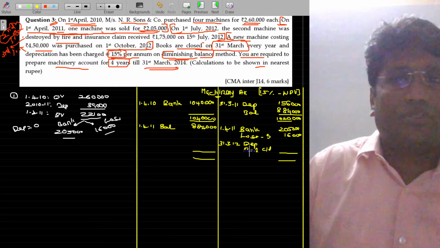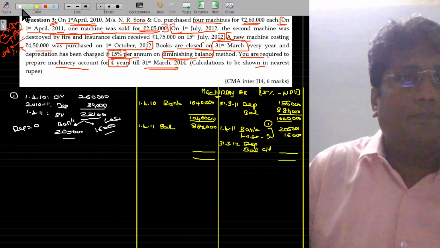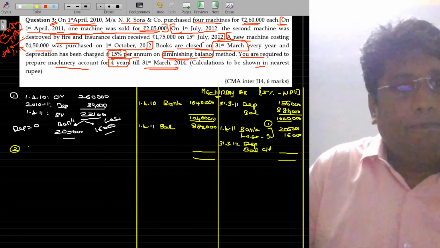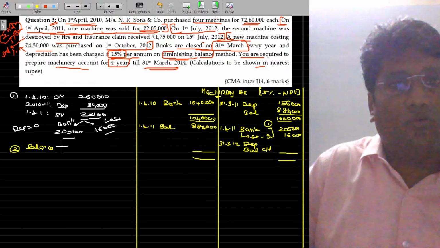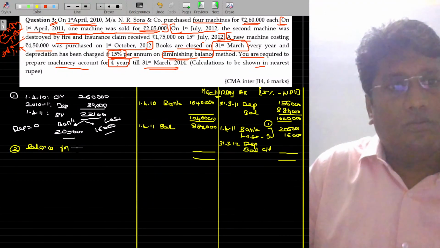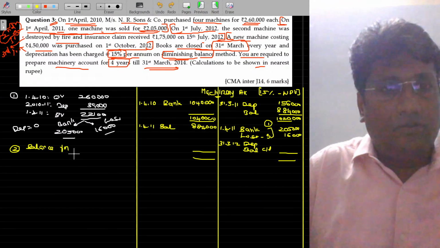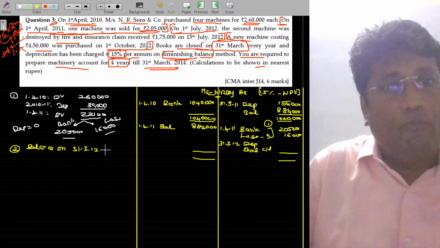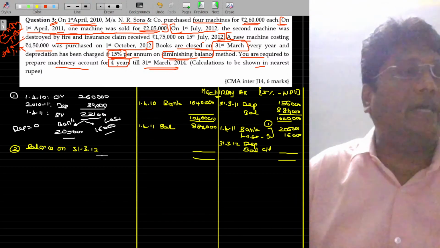So the way of getting the depreciation is pretty simple. Here, these two are from working note number 1. Now for getting the depreciation for this year, I am doing that in a second working note. Balance of the machinery account on 31/3/12 before charging depreciation, because we are not aware of the depreciation currently.